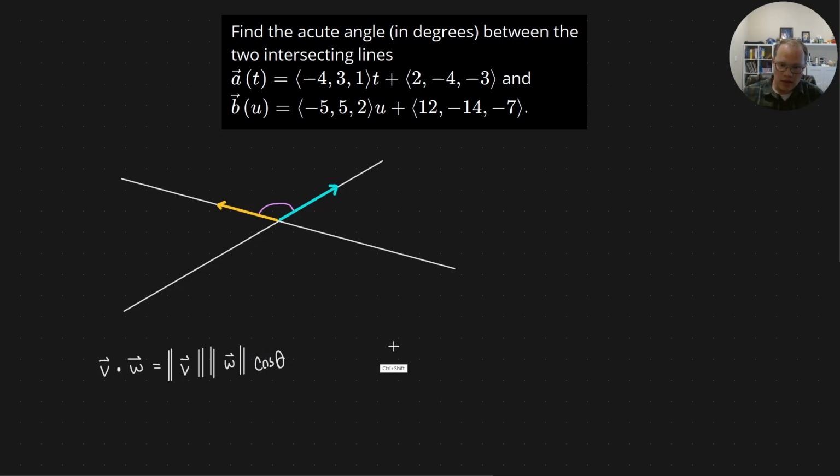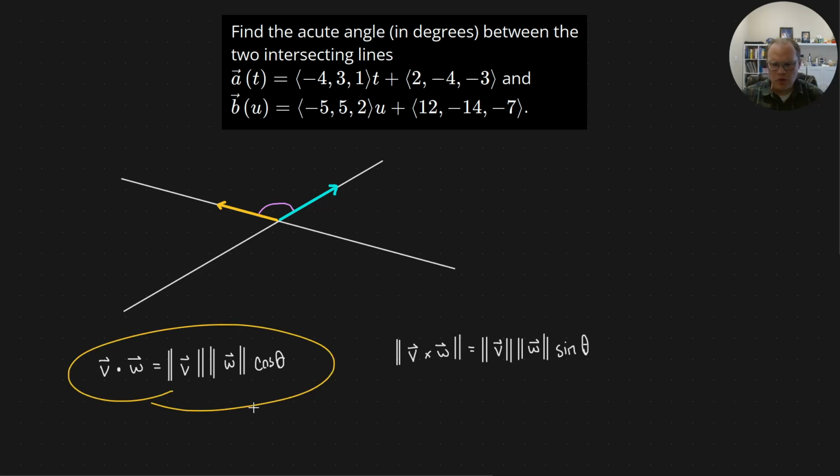The other way is the norm of the cross product of two vectors is equal to the product of the norms of the two vectors times sine of the angle between them. Most of the time we use the first one. Dot product's easier to take than a cross product. And that's what we'll do here.